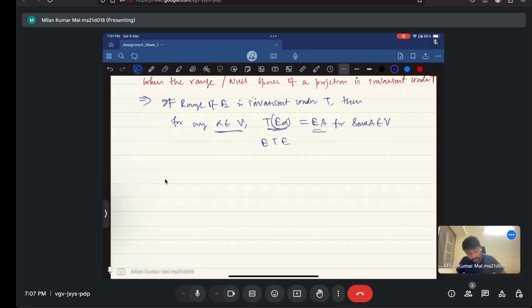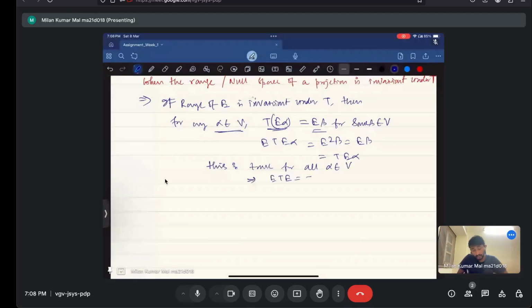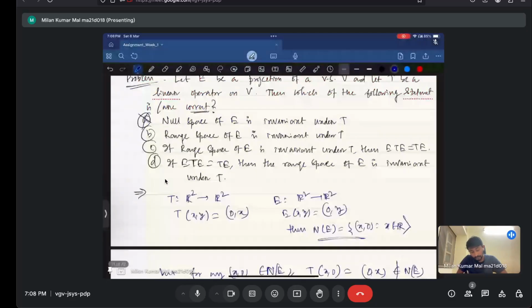Therefore, E T E alpha equals E square beta, that equals E beta, as E is a projection, and this equals again T E alpha, and this is true for all alpha belonging to the vector space V. Therefore, ETE equals TE. Therefore, option C is correct. If the range space is invariant under T, then ET equals TE.